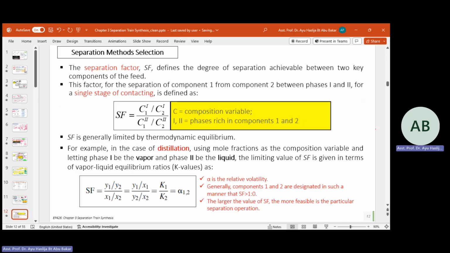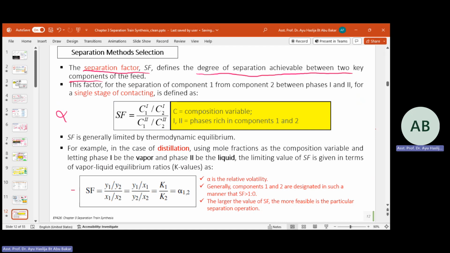Okay, so in the separation method selection, we need to consider the separation factor, which defines the degree of separation achievable between the two key components. Degree of separation, similar to the relative volatility just now.